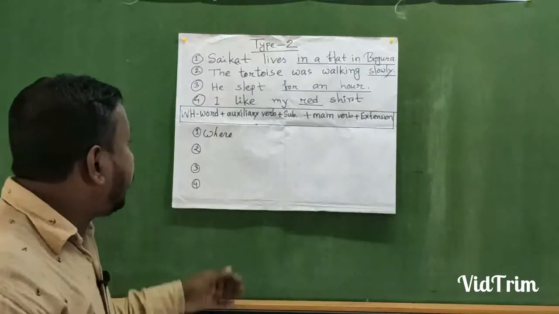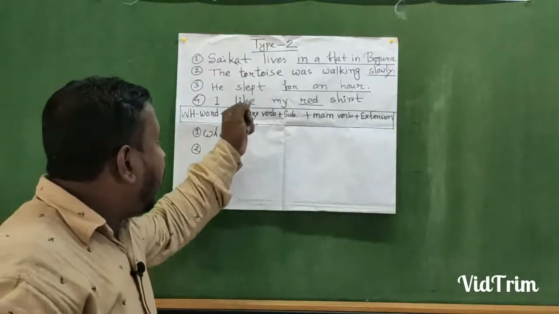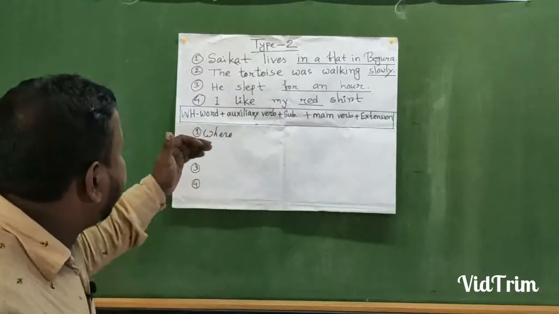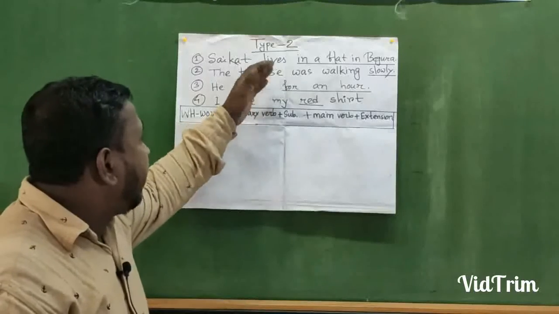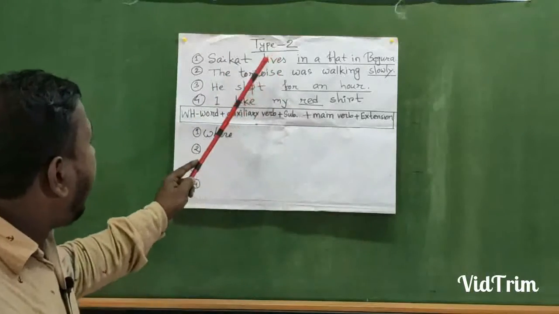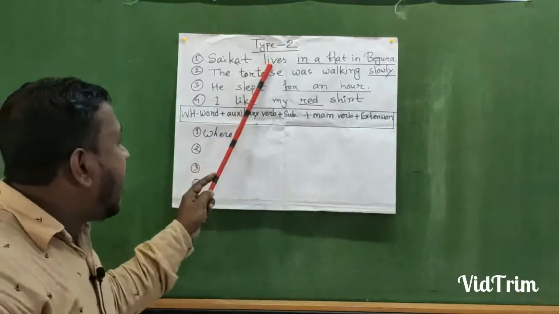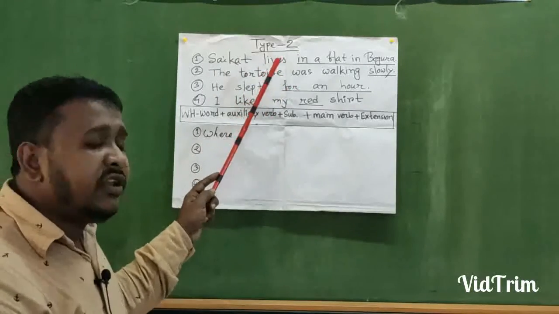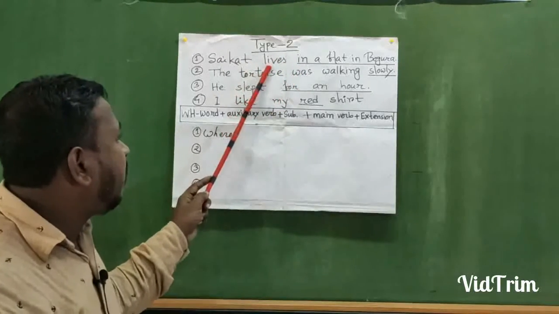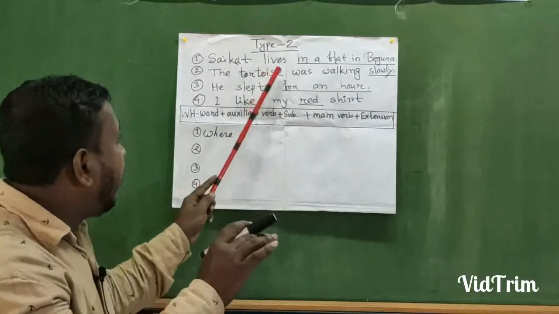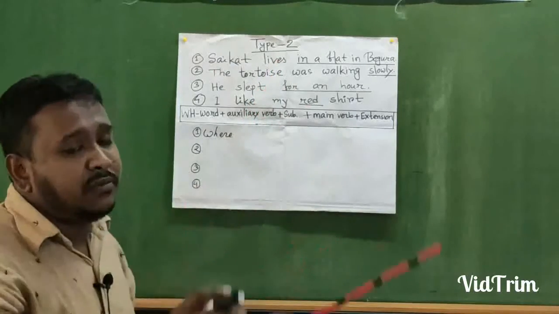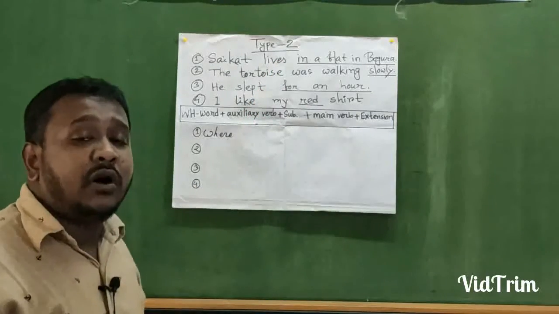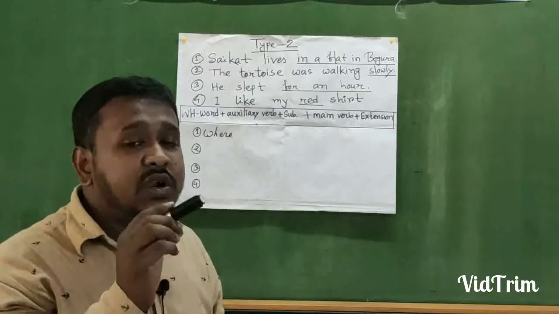Here we need to remember another thing: if we notice the main verb with s or es, or in first form, or not connected with s, that's the main verb. Then we have to use the auxiliary verb do, does, did.